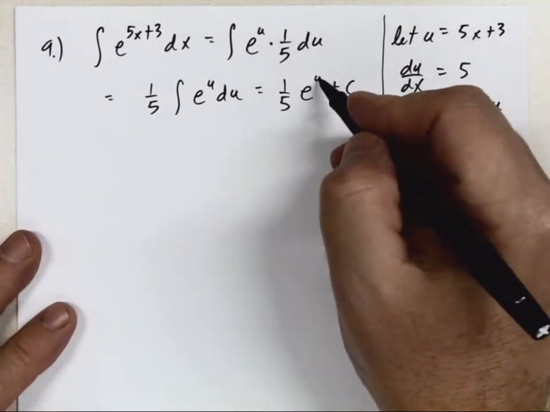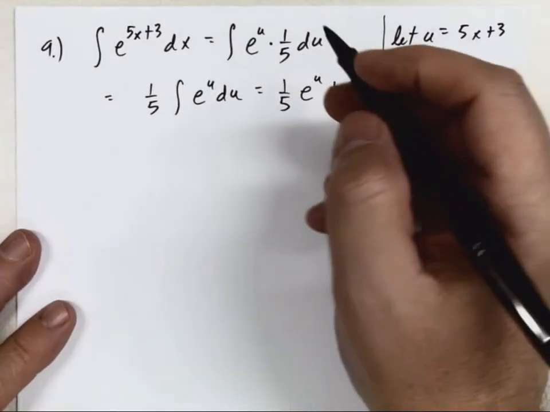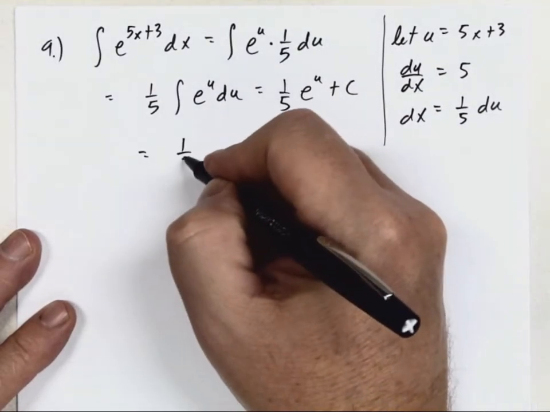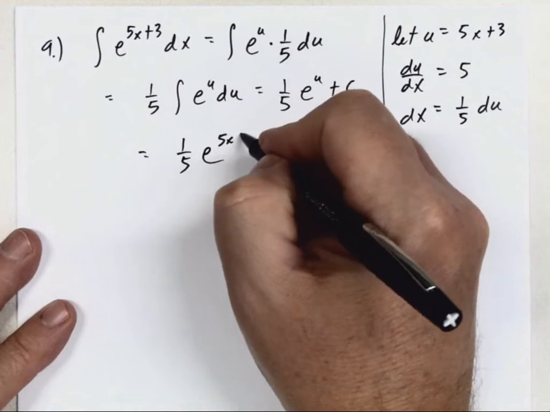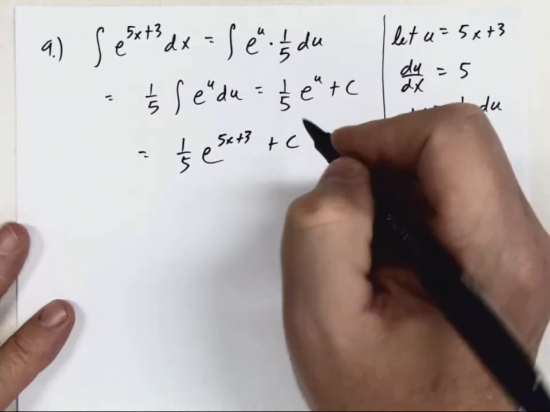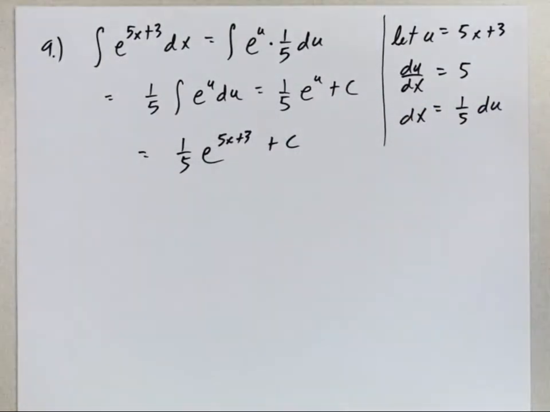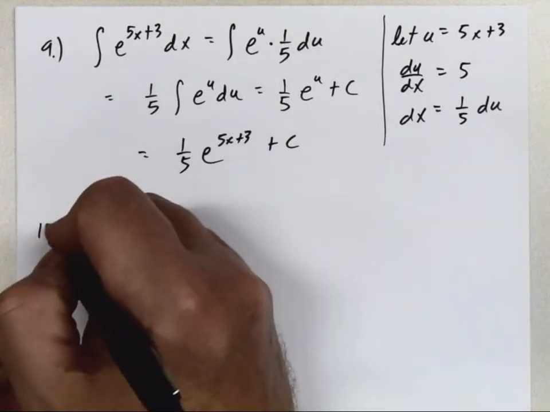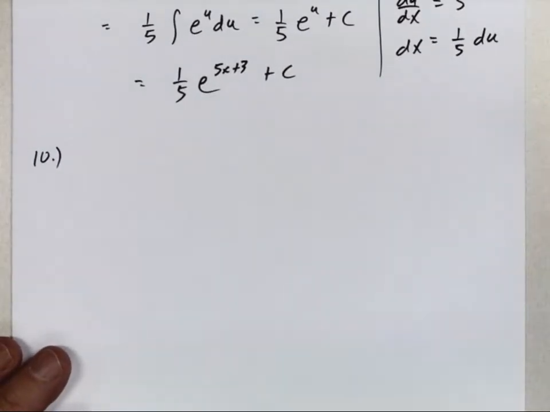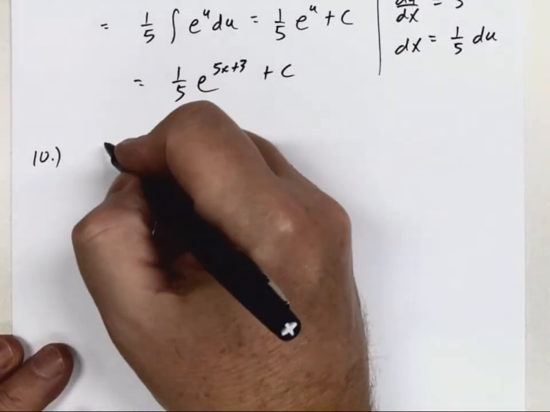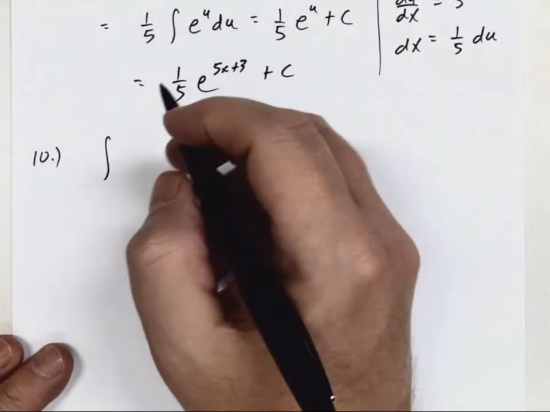Last step, replace the u with x. And there we go. All right, let's do the rest of these. Hopefully as we do these, you'll start to get a knack for it and be able to do them yourself.